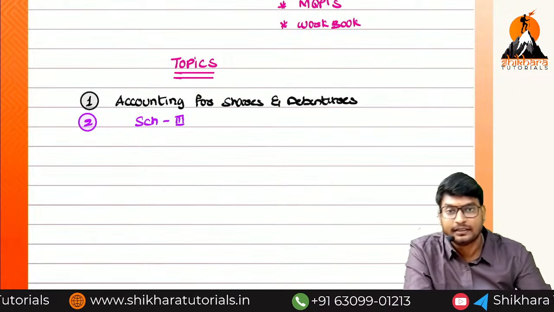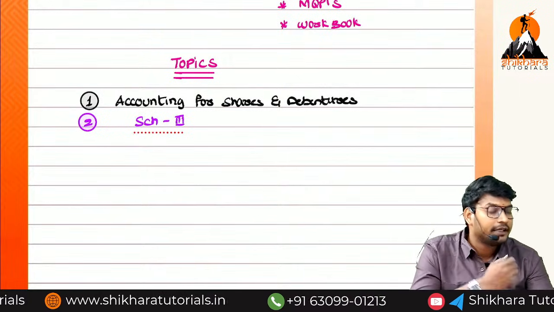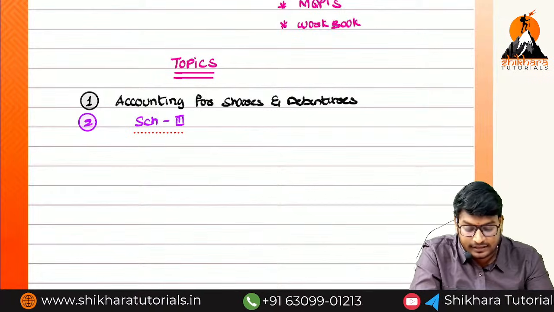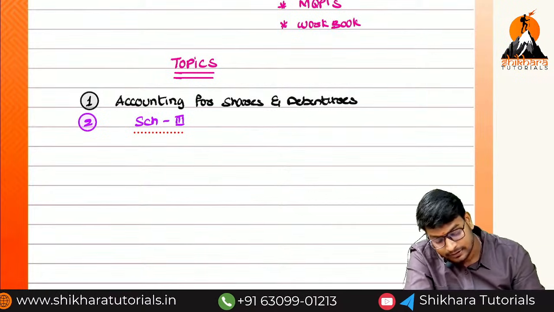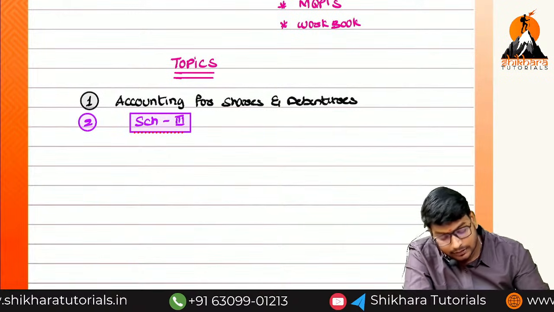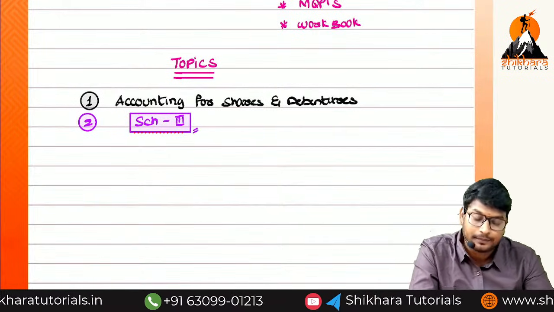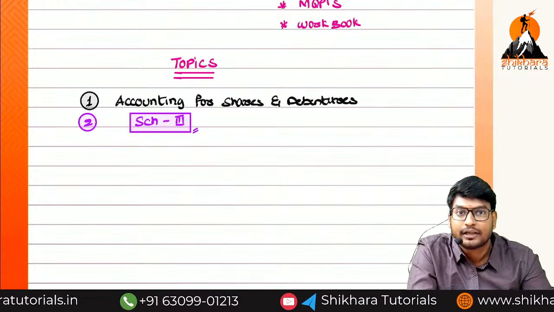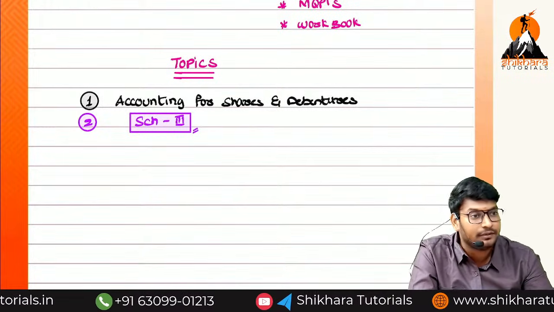Schedule 3 is nothing but final accounts. In the final accounts, what we have discussed in the financial accounting, same like that will be there, but there is a special way of presentation they have given. That way of presentation only we have to follow.